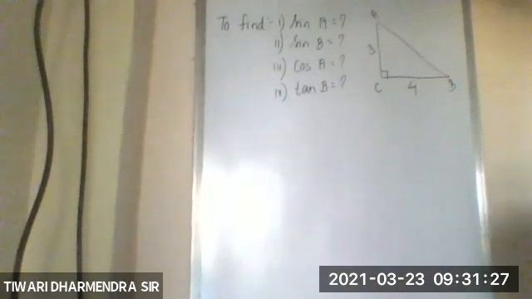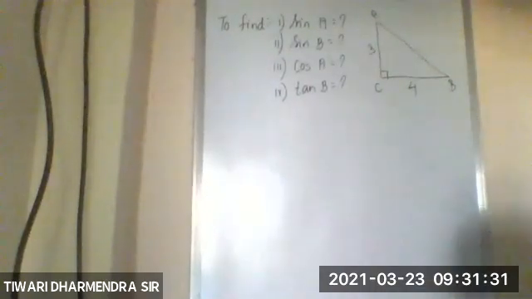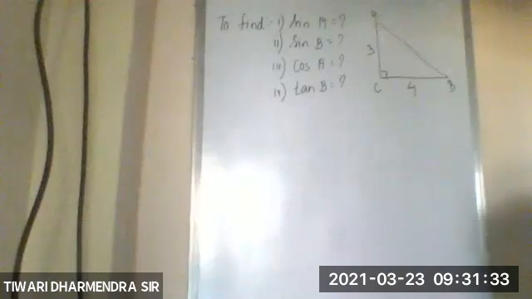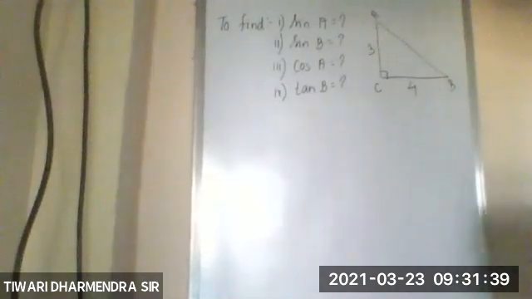As we can see, only the lengths of two sides are known to us in the given right angle triangle. That is, AC is known to us, BC is known to us. What about AB? How to find that?